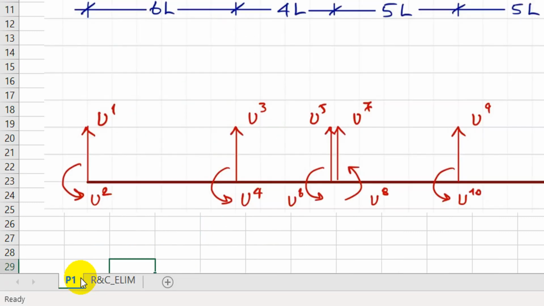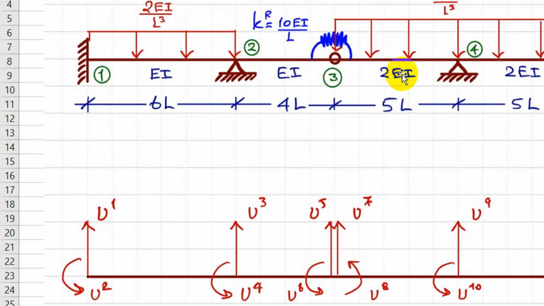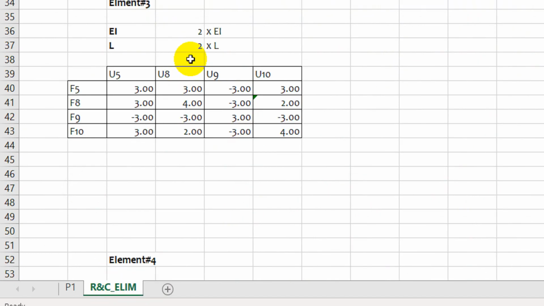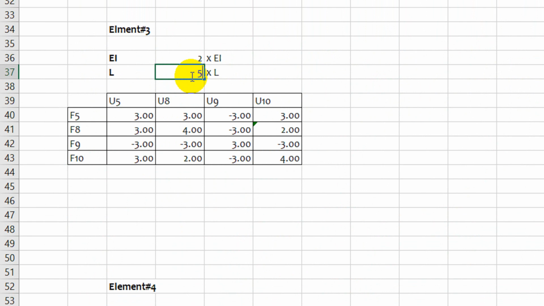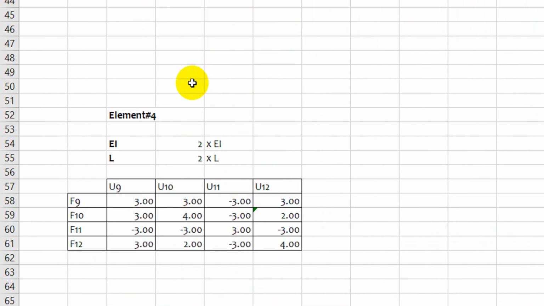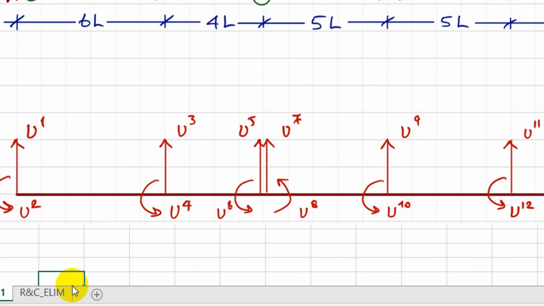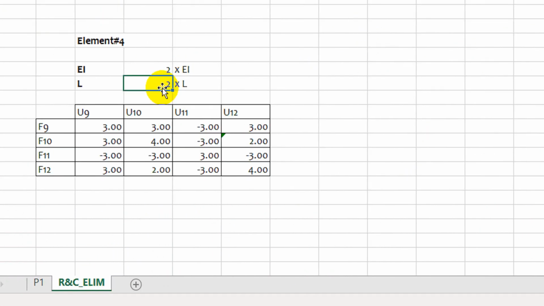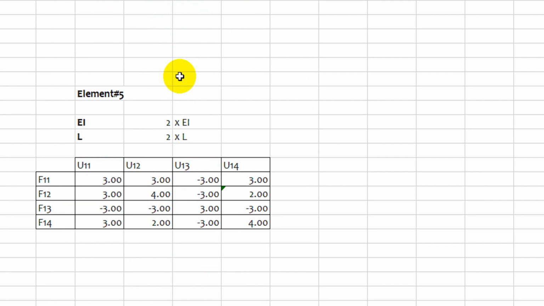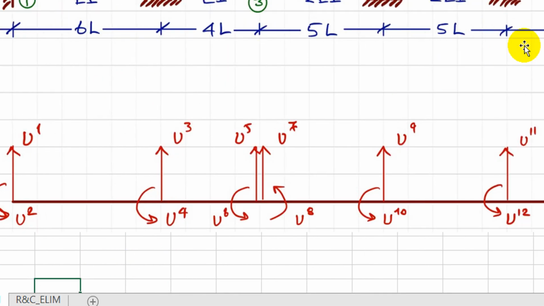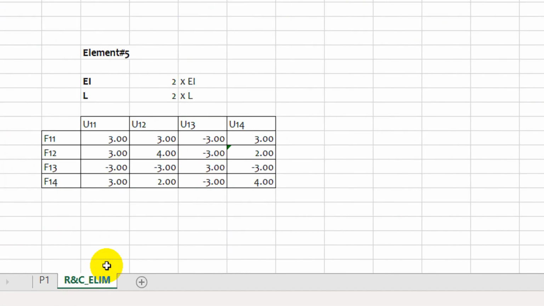Number 3 is 2 EI and 5 L. Number 4, 2 EI and 5 L as well. And number 5 is 2 EI and 6 L.